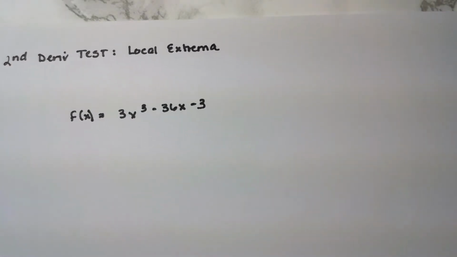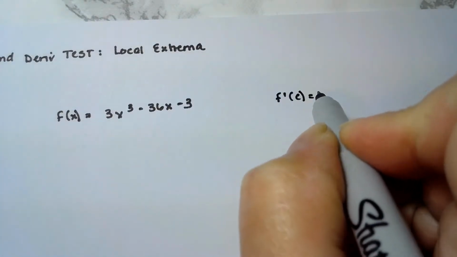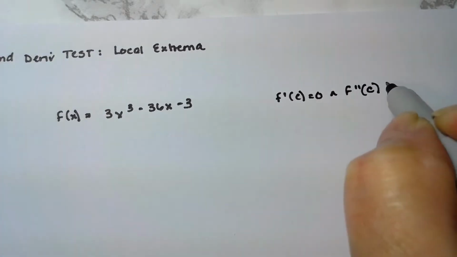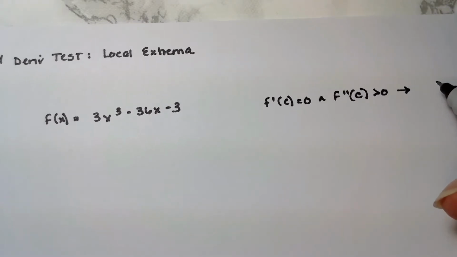And what do we know about that second derivative test? Well, it says that if the derivative at a critical number equals 0, and the second derivative evaluated at that critical number is positive, then our function is going to have a local minimum.